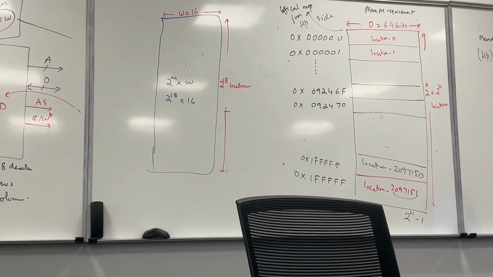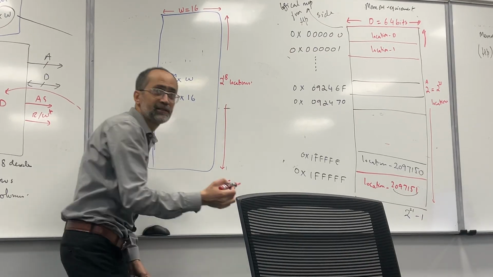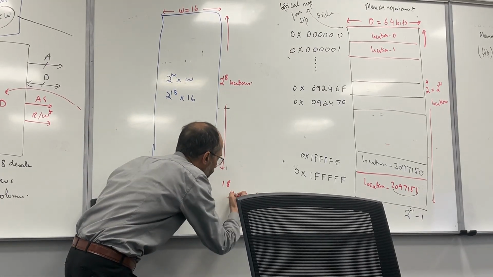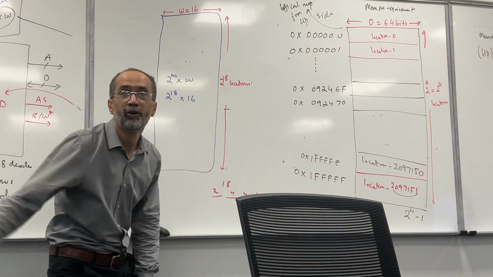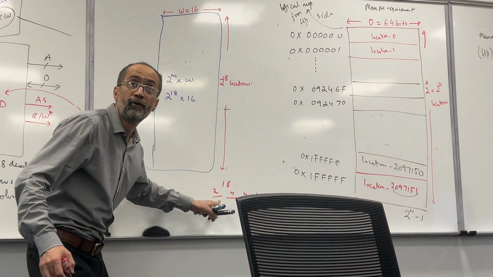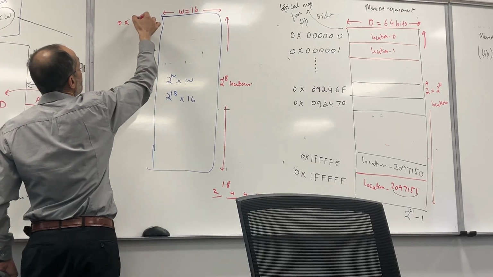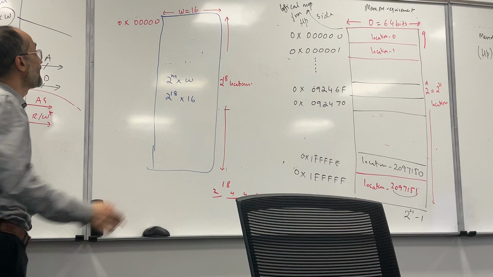Now if you have 2^18 locations, if you divide this 18 into parts of 4, 4, 4, 4, 4 multiplied by 4 is 16, and then we need 2. So how many digits will be required? 1, 2, 3, 4, 5. So what will be the minimum address? 0x 1, 2, 3, 4, 5.